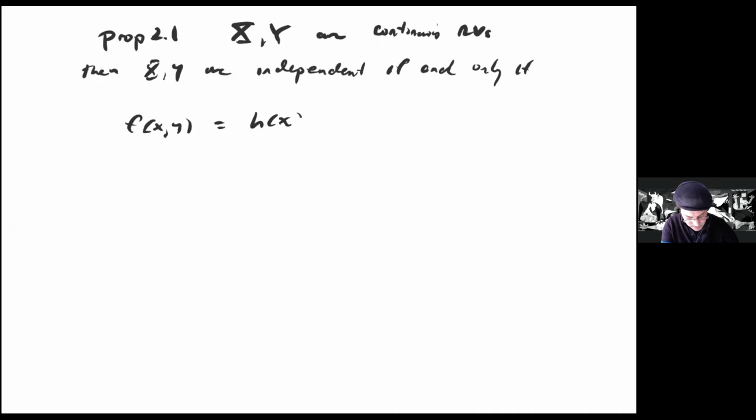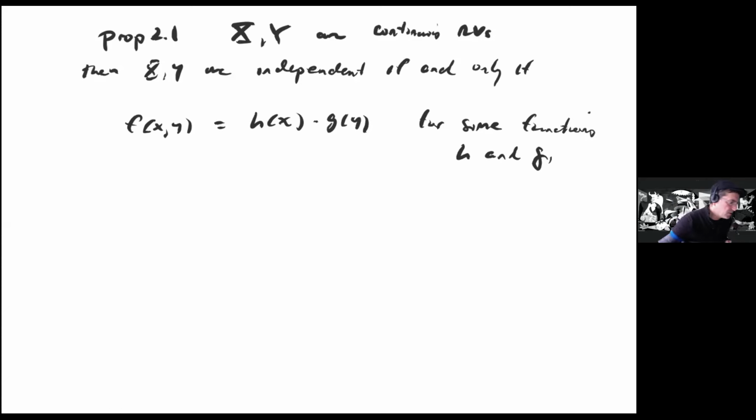In essence, we can separate the variables: h of x times g of y for some functions h and g. This is an if and only if.